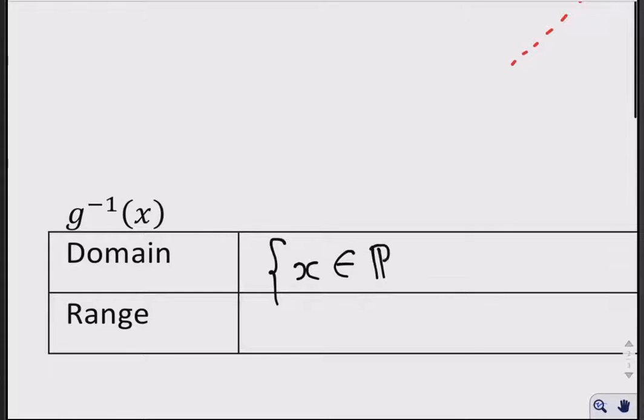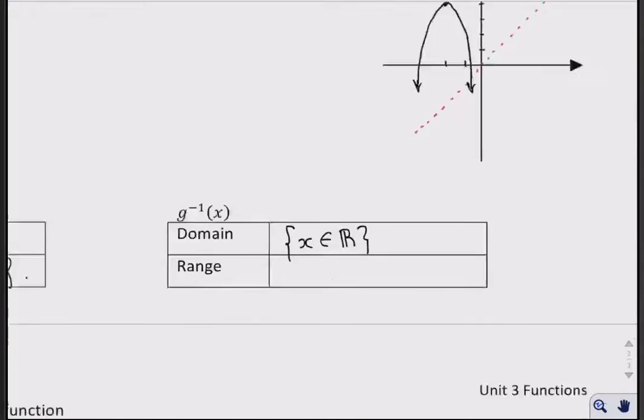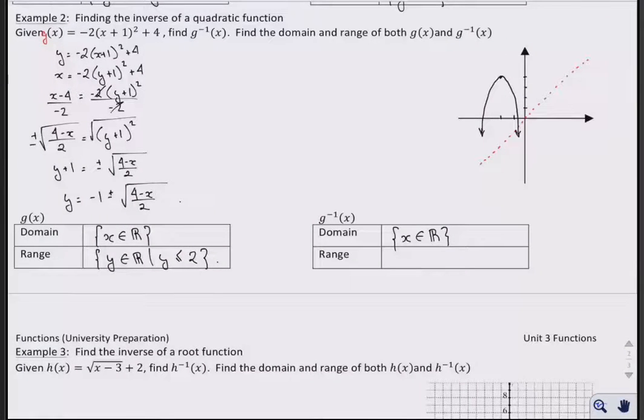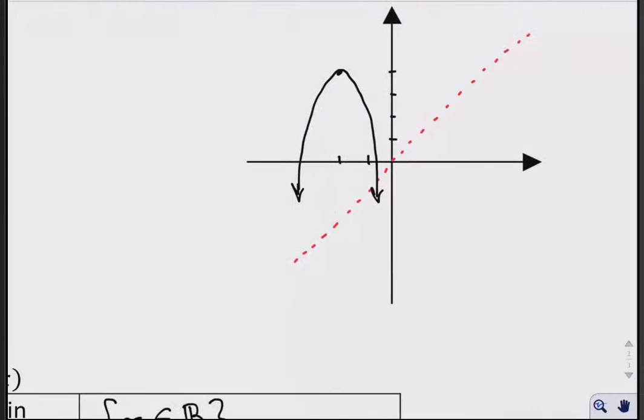It's all real numbers, as with the previous quadratic. But now my range, well, let's take a look here. Where is this function going to be? Now, if I wanted to, I could obviously graph the function I have there, but it's always probably easier to just look at the original.